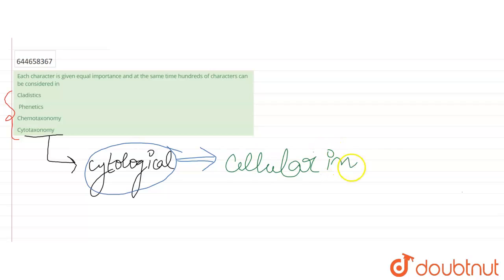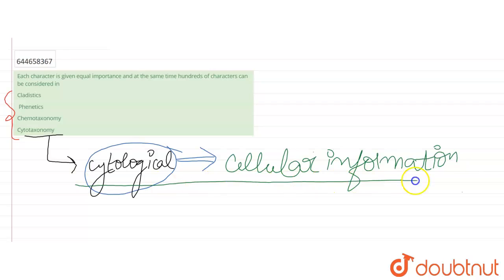right, and what is present within the cell. For example, the chromosome number, the structure and behavior of the different biosynthetic materials present, the chemical constituents and the other proportions of the cellular components is what is known as cytotaxonomy.